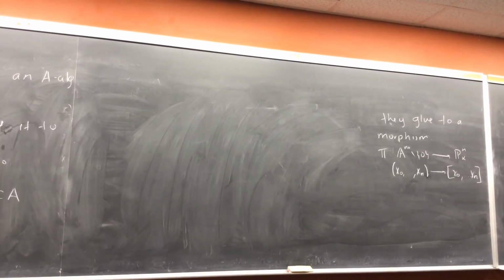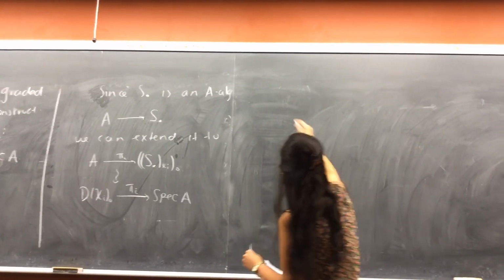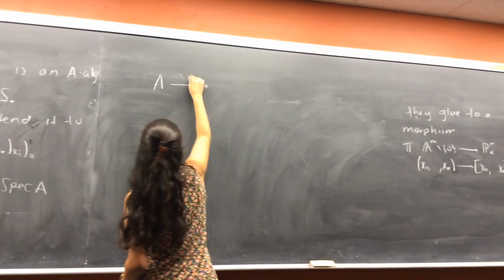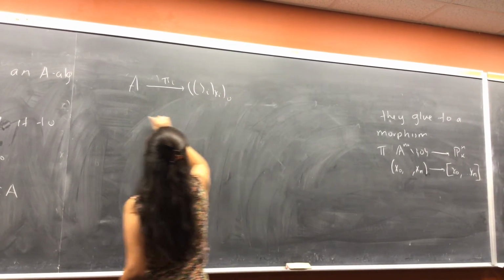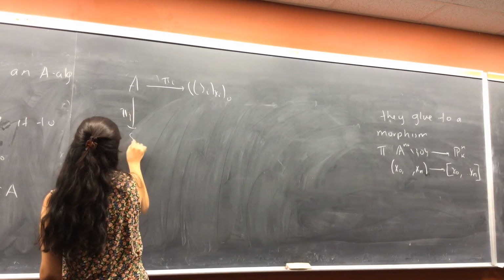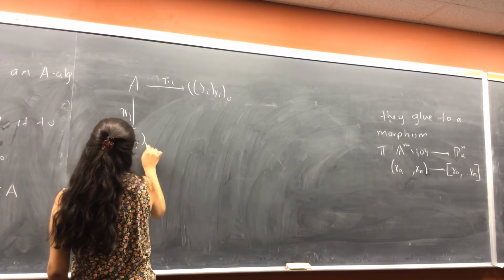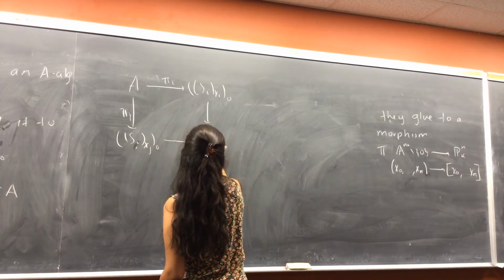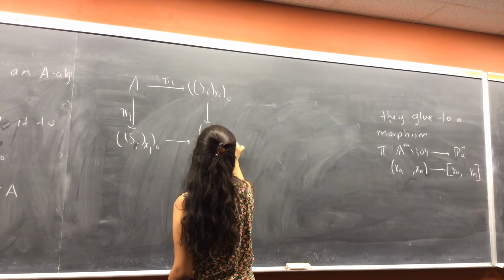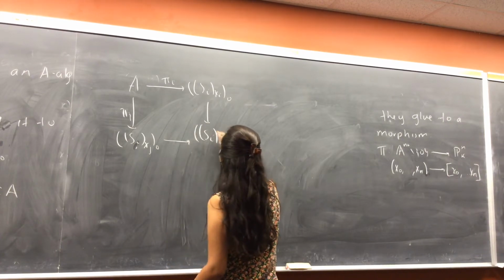All right. I'll just call this map the same as this one, but with different meanings. One is in rings, the other is in schemes. So we have this map to S_(x_i)0, and then our pi_j to S_(x_j)0, and then localizing again at x_i x_j and taking the degree 0 part.